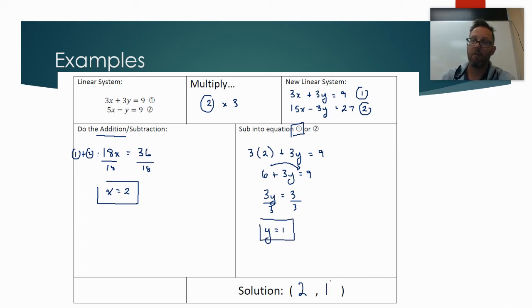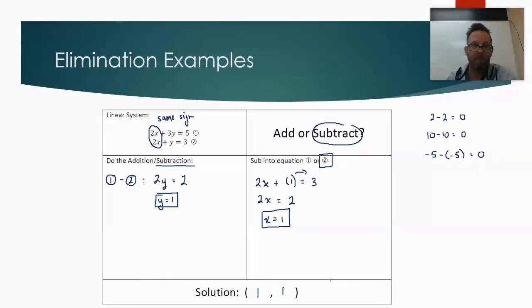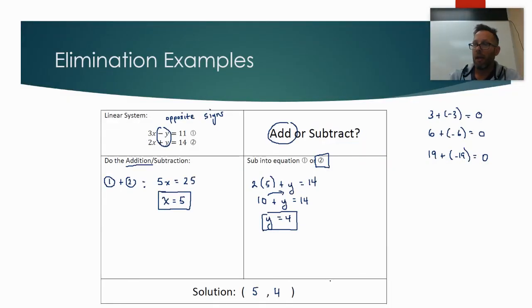All right, guys. So we've done several examples now with this new method. And this method is awesome if you can make the variables match up. In our very first examples, the coefficients match up right away, and you can add or subtract right away.